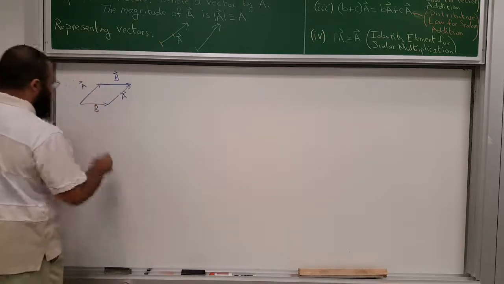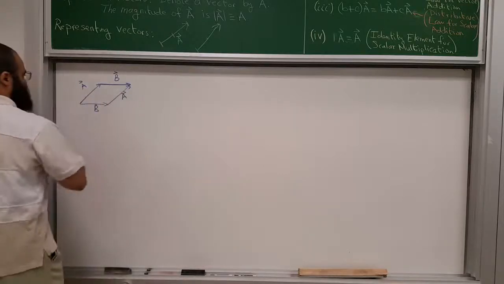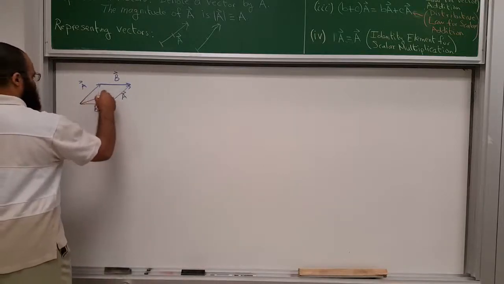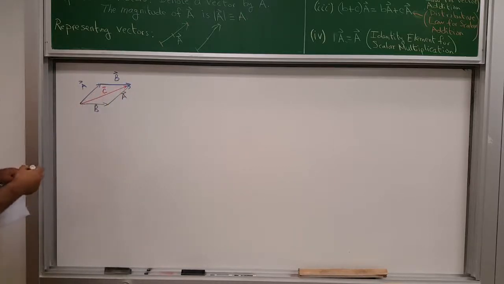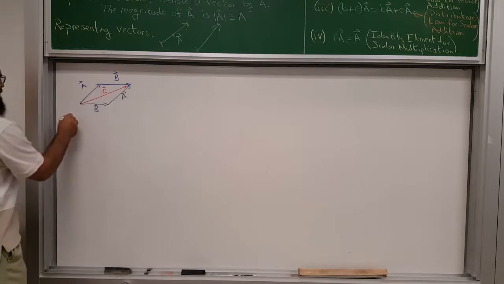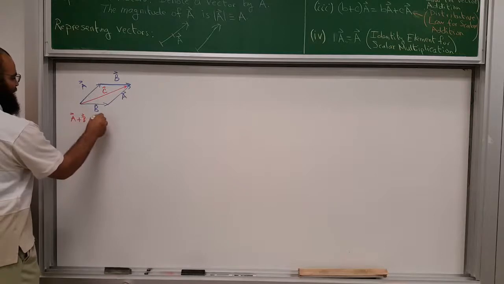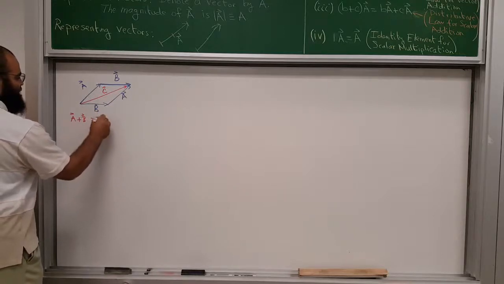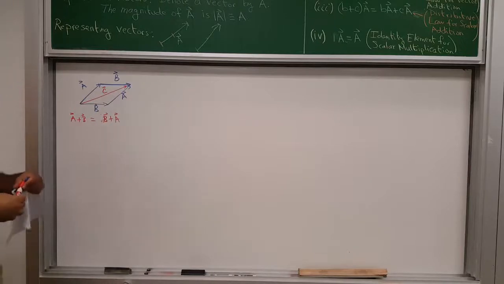The end result is I started here and I ended here, and I call that vector C. So that's geometrically how you add vectors. A plus B is the same as B plus A. All right, it's commutative.